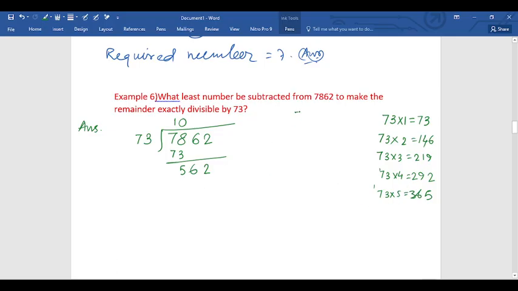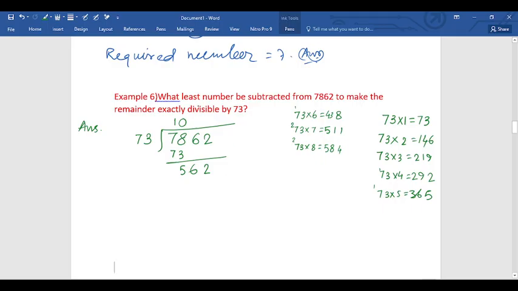That gives 365, but it is 562. 73 sixes: 6 threes are 18, carry over 1, 6 sevens are 42 plus 1, 43. 73 sevens: 7 threes are 21, carry over 2, 7 sevens are 49 plus 2, 51. 73 eights: 3 eights are 24, carry over 2, 7 eights are 56 plus 2, 58. 584 is much greater than this.